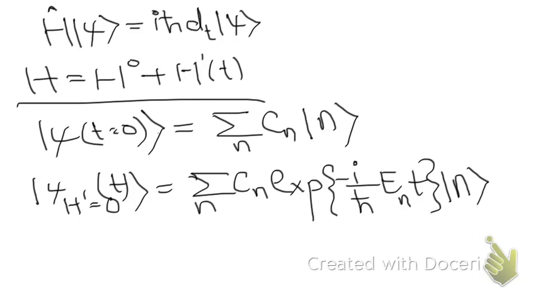We allow these expansion coefficients to change with respect to time. So my Cn is now Cn as a function of time, and at every instant of time these coefficients will change.